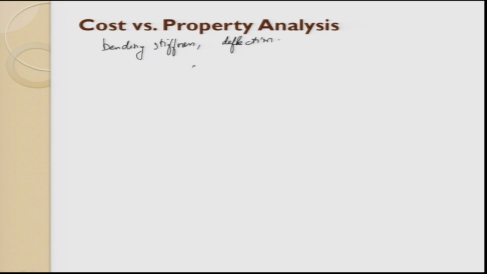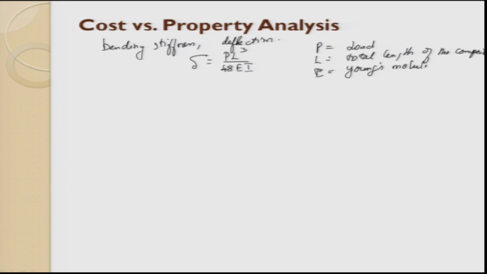How do you find the deflection? Deflection is given by PL cube by 48 EI, where P is the load, L is the total length of the composite, E is the Young's modulus, and I is the moment of inertia. Okay, so we can do this.